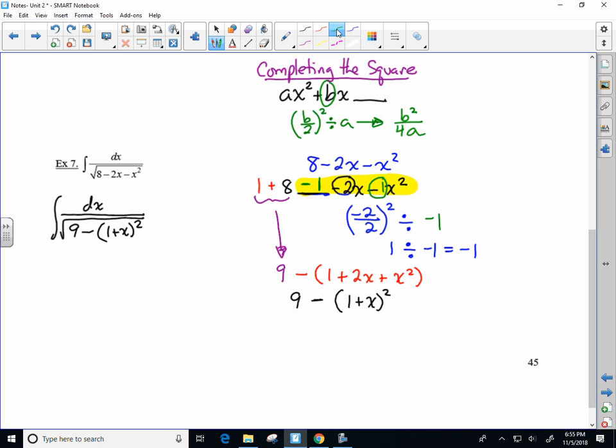So now that we've converted it to the good form, I have my u, which is not as simple as it would be, but it's doable. It's 1 plus x, and the a would be 3, because again, we're getting our a squared and our u squared.